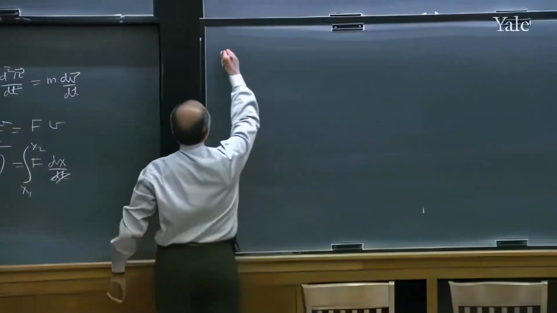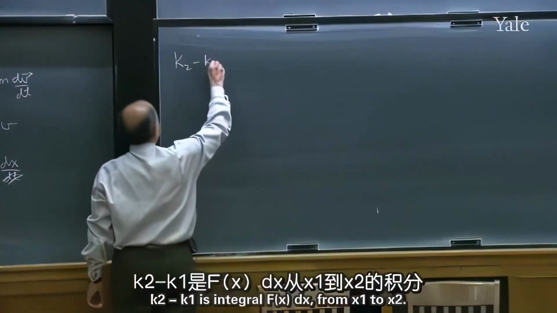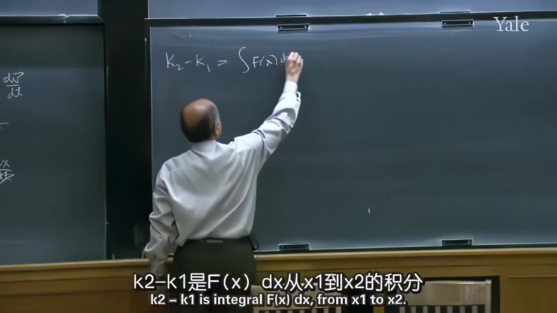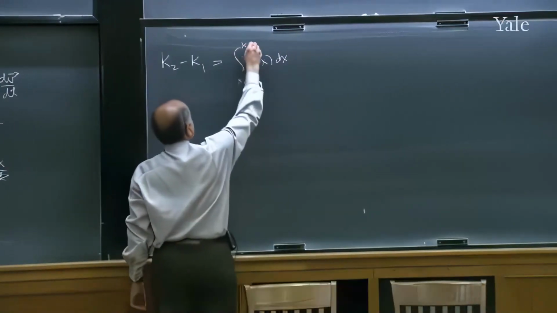So I'm going to write here K2 minus K1 is the integral of F(x) dx from x1 to x2.